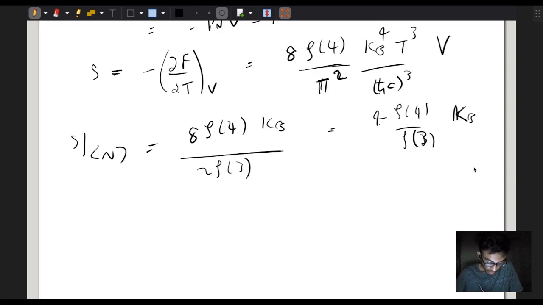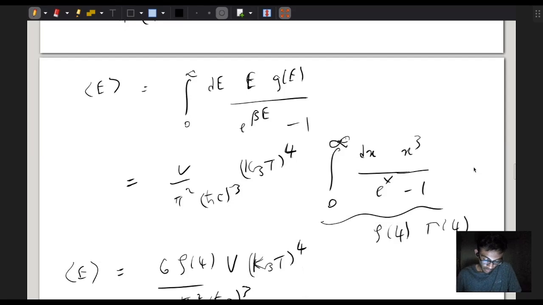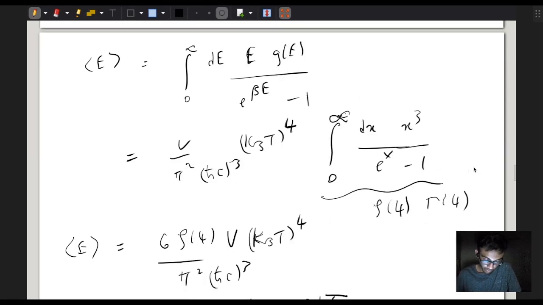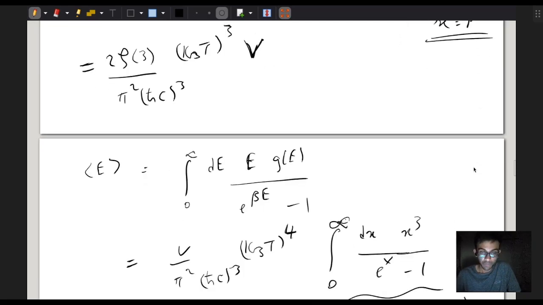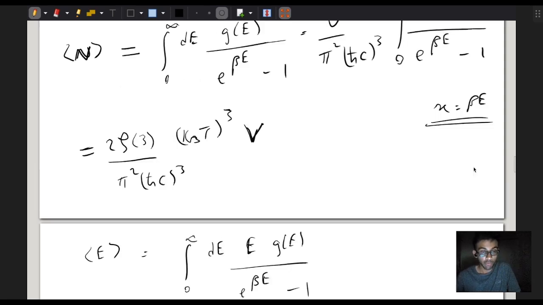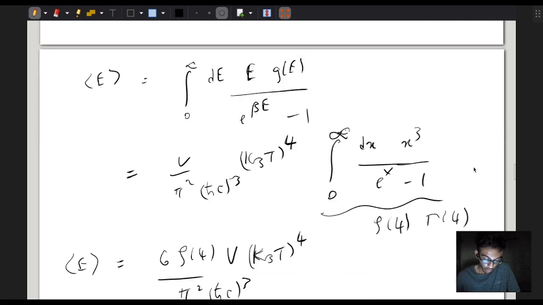And finally, the energy per particle, or energy per photon. So we're going to have the energy per photon proportional to the temperature. Yeah, we can see this goes as T cubed. The number of photons goes as T cubed, but the energy goes as T to the 4.